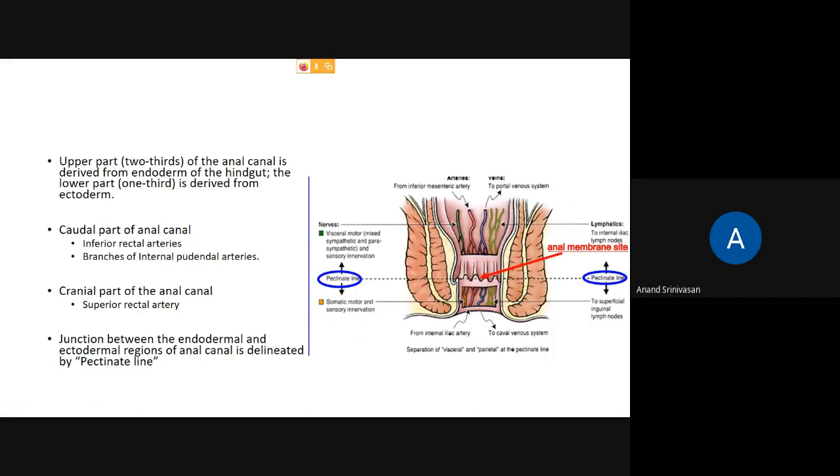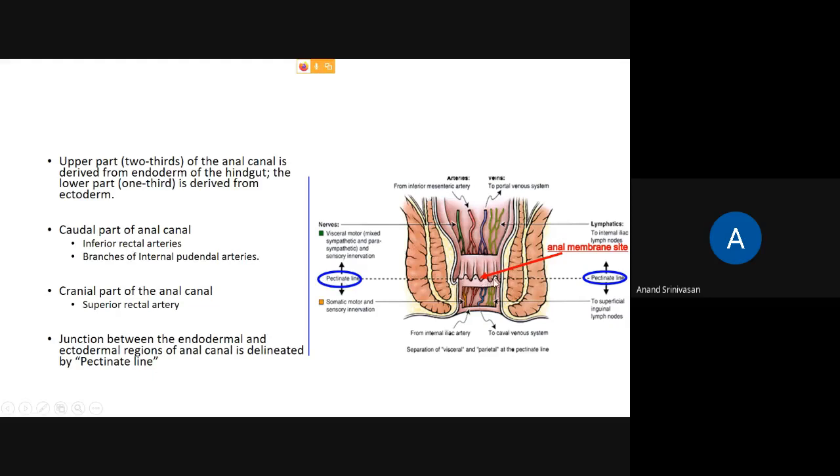Now, in an adult, in gross anatomy, you know that the caudal part of the rectum is developed from the ectoderm, because the anal puckering goes inside, and this is the endoderm. Where do they meet? They meet at the pectinate line.